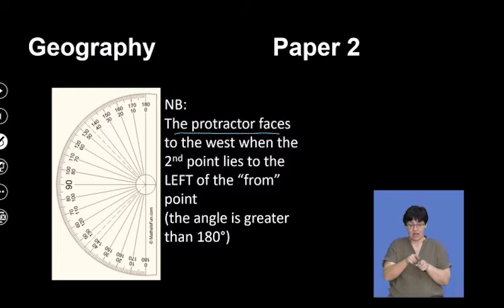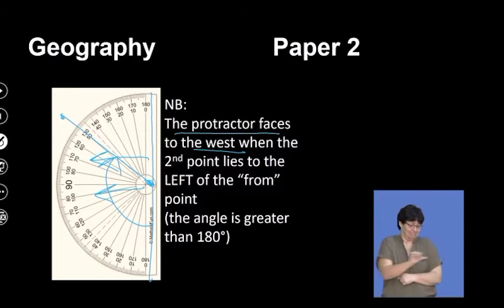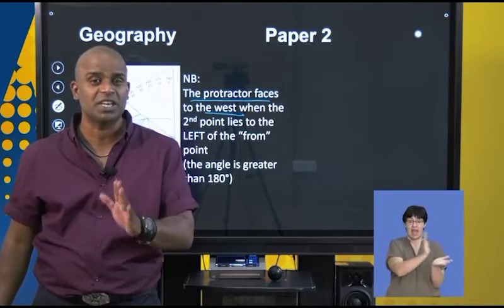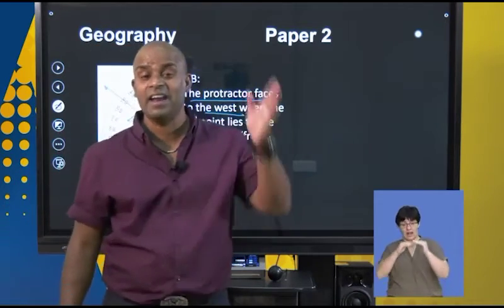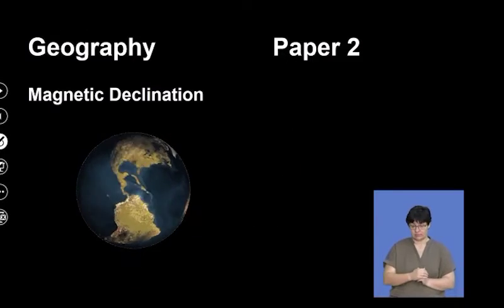The protractor faces to the west when the point after the from point is to the west. So you would be measuring angles in a westerly direction. These are the only two directions that your protractor should face to give you angles between 0 degrees and less than 360 degrees.